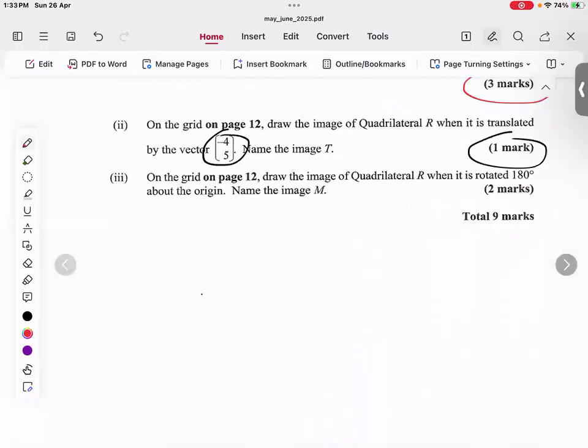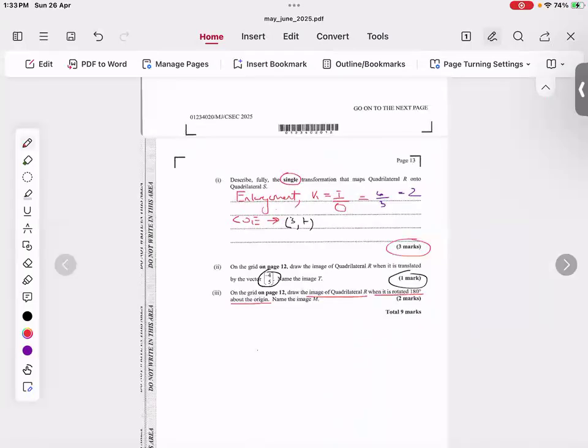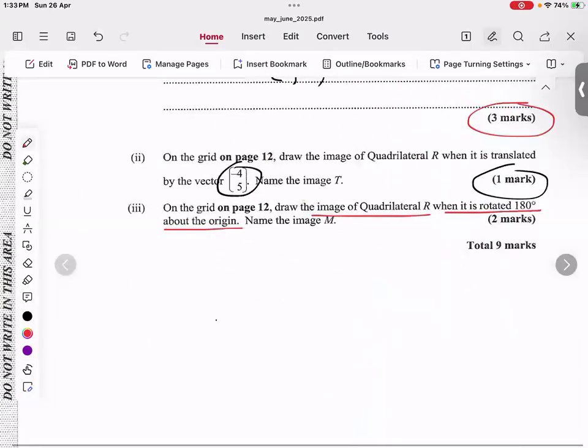All right. Now it says on the same grid again on page 12, you're to then draw the image of R again. One more image, but this time we're going to draw it when it's rotated about the origin by 180 degrees. So to do that now, all we're going to do, ladies and gentlemen, is, well, I showed my class this yesterday.